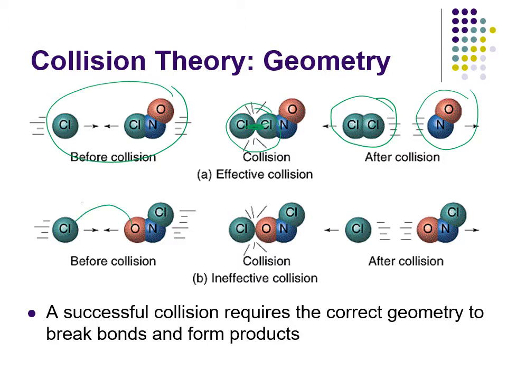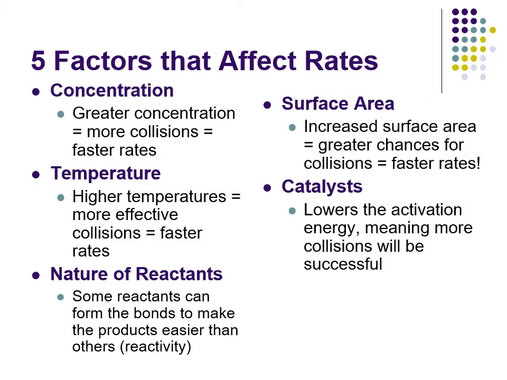If the oxygen hits the chlorine instead of the chlorine hitting the other chlorine, then the reaction's not going to happen. Plus, the energy has to be right as well, because the chlorine has to be broken off of the nitrogen, and that's going to require a certain amount of energy. So we need correct geometry and correct energy to get the reaction to occur.